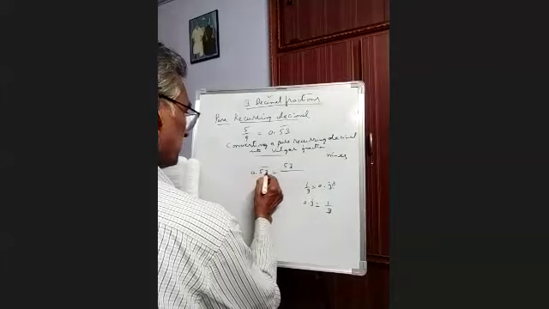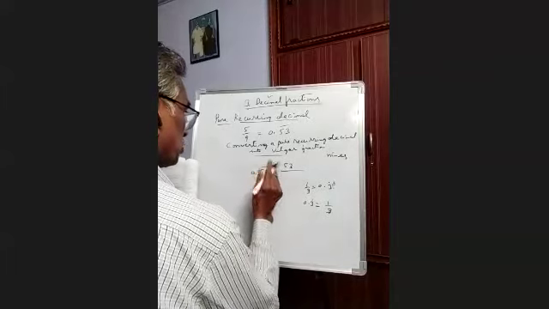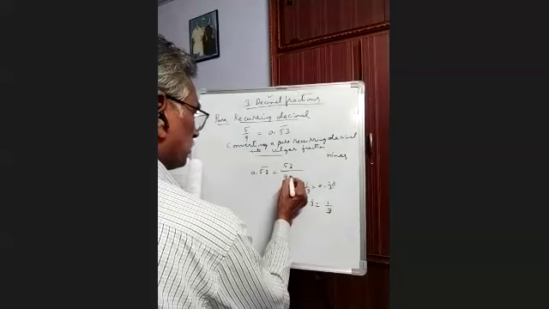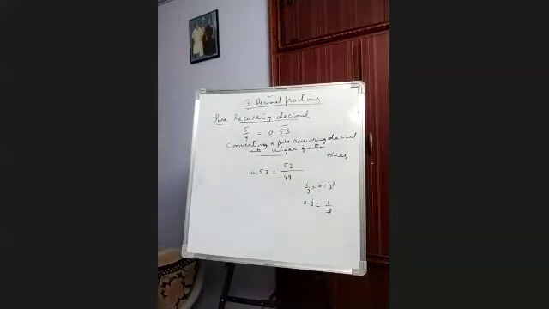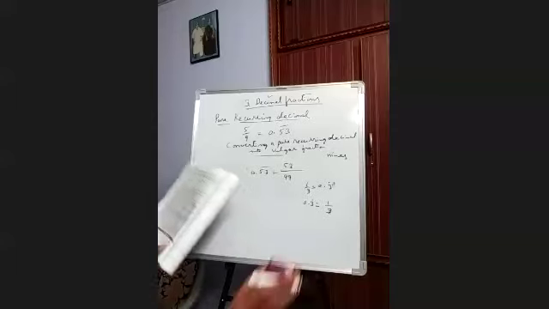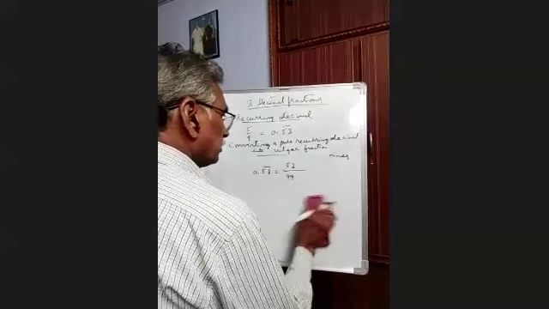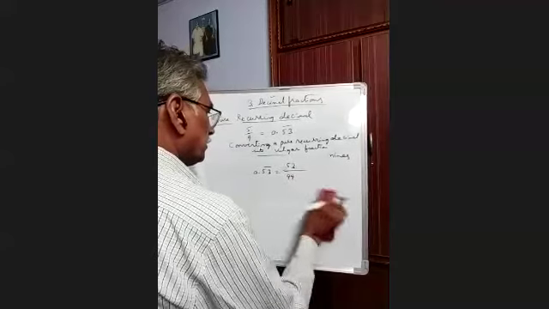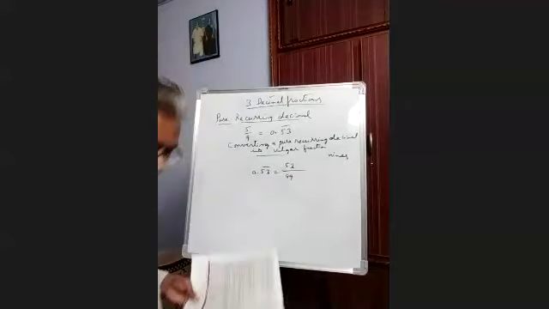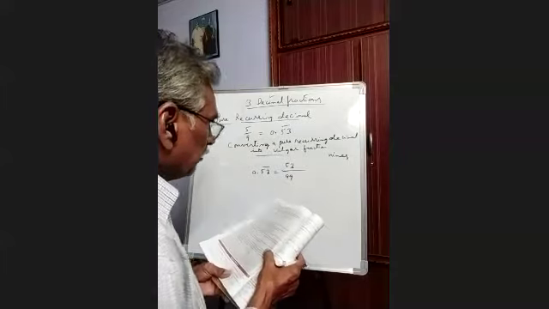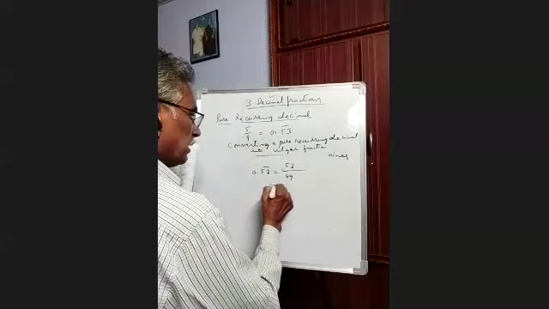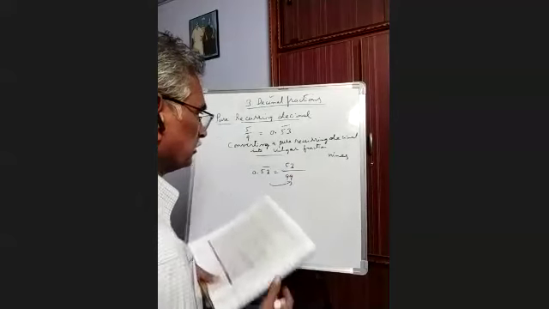The repeating figures are 5 and 3, that is 2, so 2 nines in the denominator. So 53/99 will be the equivalent fraction for this one.